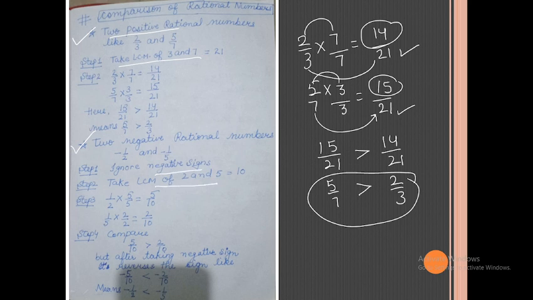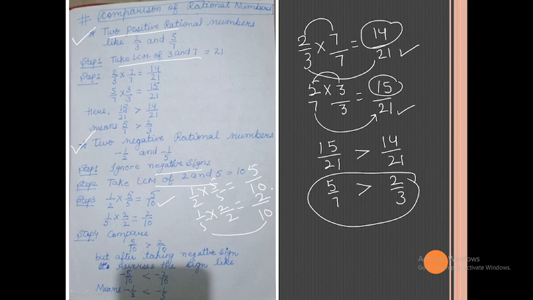Then take the LCM of the denominators, and after that, in the third step, write 1 by 2 and 1 by 5, multiplying so that the denominator equals the LCM. Now 10 divided by 2, we get 5. 10 divided by 5, we get 2. 5 ones are 5, 2 ones are 2.